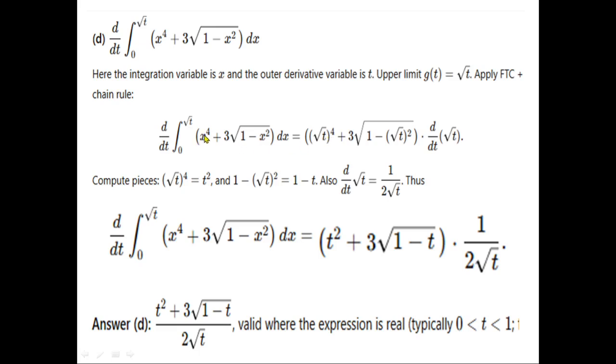That is root t whole power 4 plus 3 into 1 minus root t whole square. This root t whole power 4 becomes t square, and 3 into square root of 1 minus t. Differentiation of root t is 1 by 2 root t.